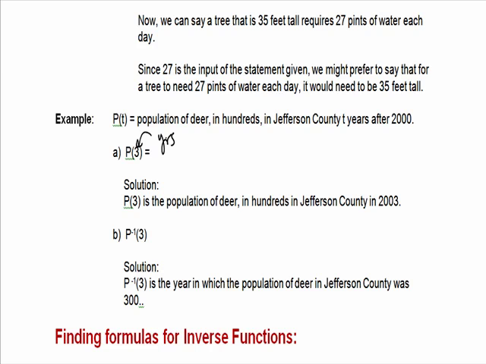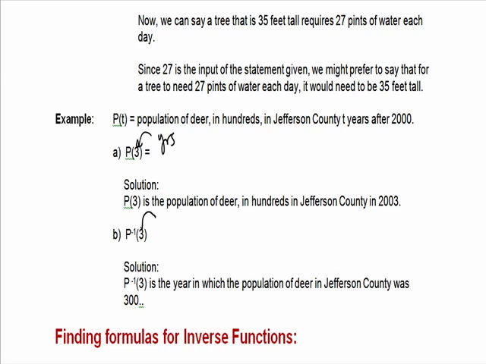I can almost go back to my sentence: P at 3 is equal to the population of deer in hundreds in Jefferson County. I don't have T; I have 3 after 2000, so in 2003. But P inverse of 3 is going to tell me something different. The 3 is now no longer a T, no longer a time value, but the opposite variable.